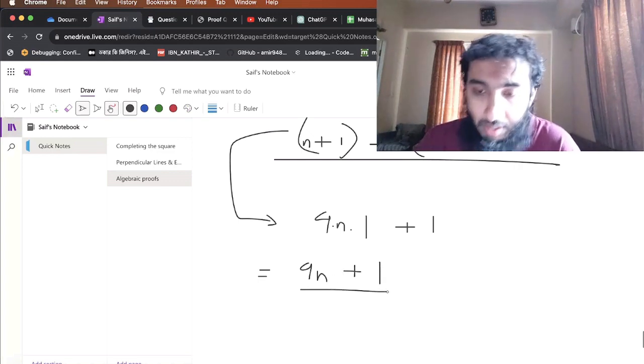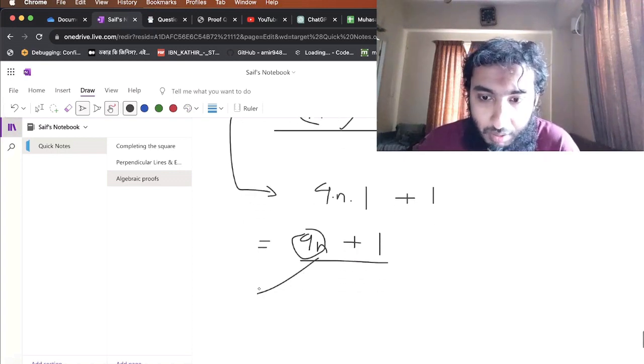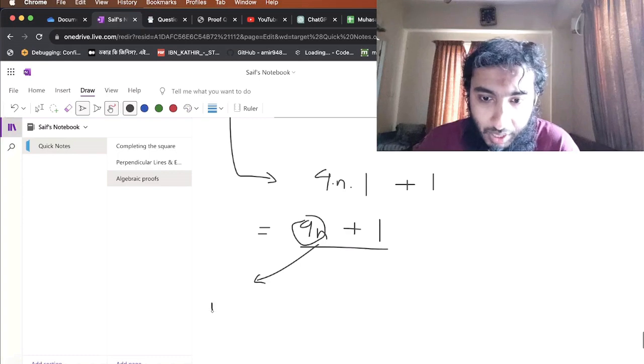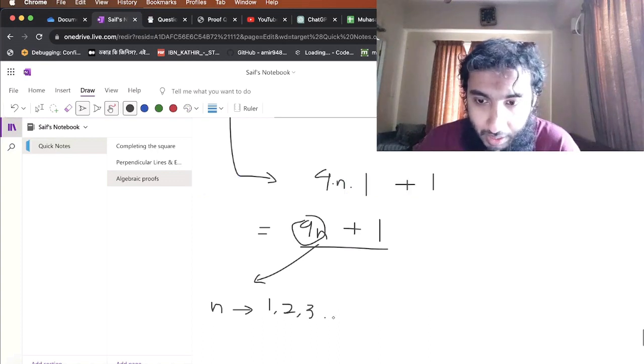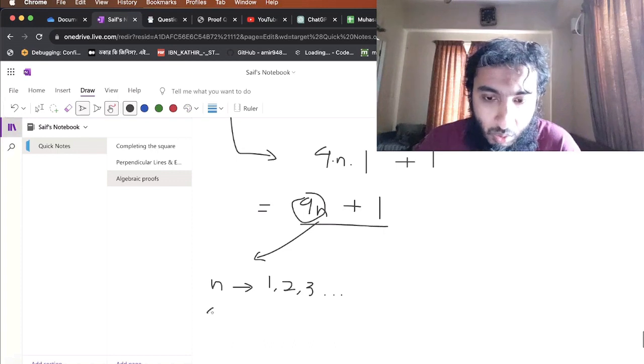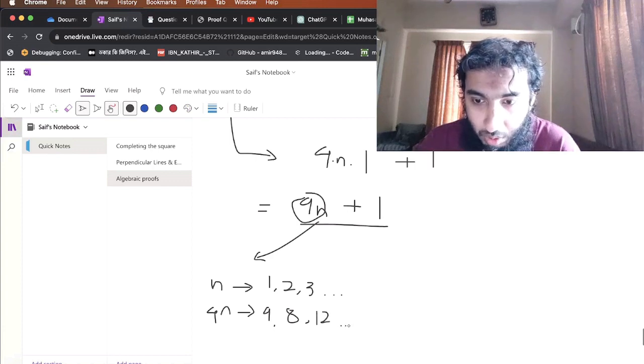So if you look at this expression, especially this term, for all positive integer values of n, let's say n is 1, 2, 3 and so on, what will be 4n? 4, 8, 12 and so on.